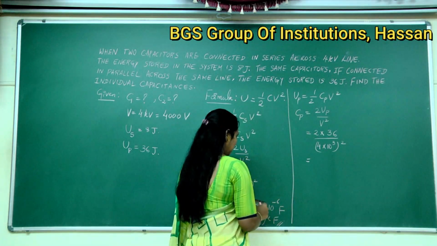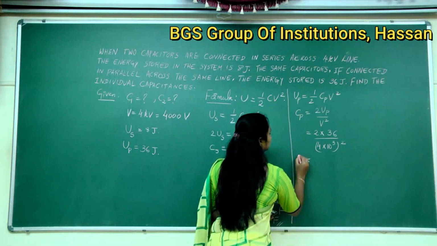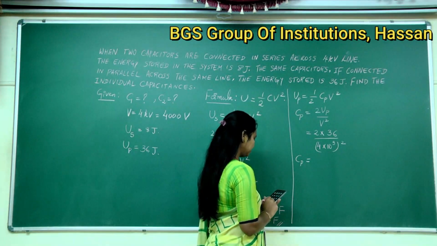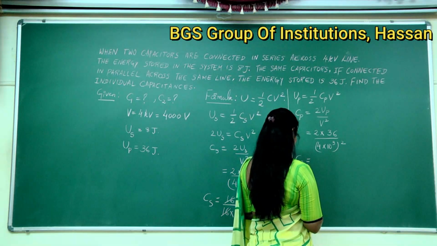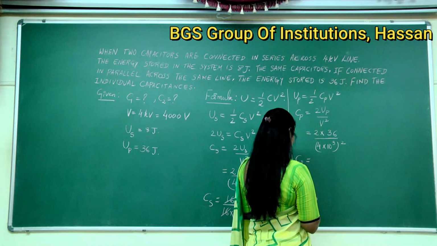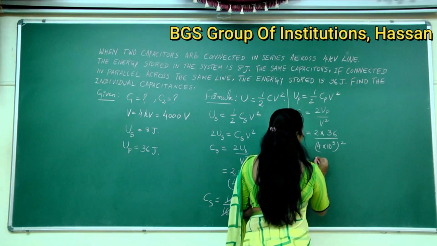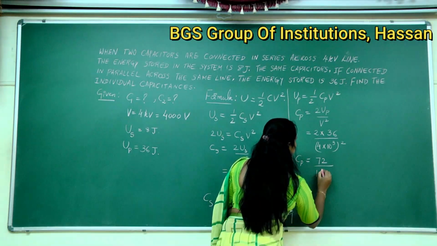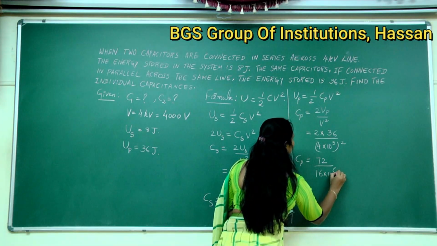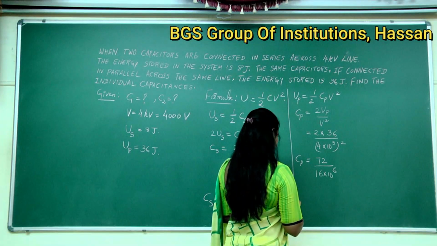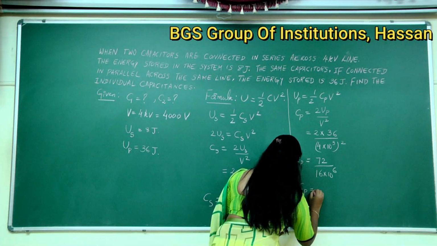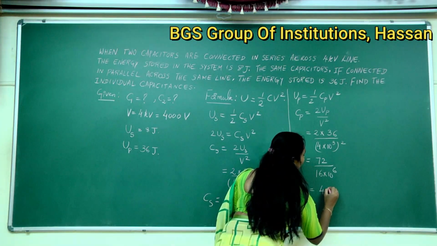So here calculate the value using your calculator. You have to perform it on your own. Divided by 16 into 10 power 6, Cp is equal to 4.5.